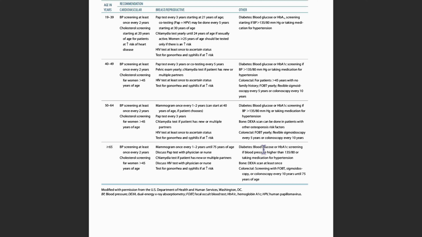Diabetes, blood glucose, or HbA1c screening if blood pressure higher than 135, or taking medication for hypertension. DEXA scan at least once, and colorectal screening with FOBT, sigmoidoscopy, or colonoscopy every 10 years until 75 years of age.